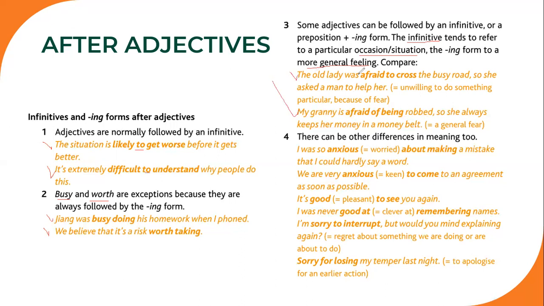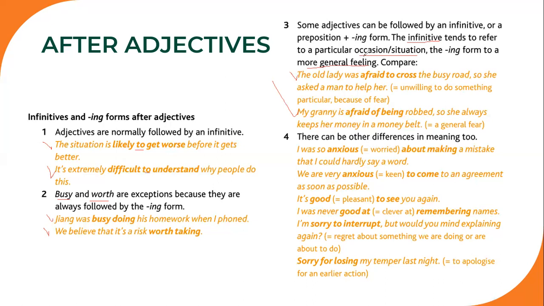All right, so she was afraid to cross. That was on that specific occasion. One particular occasion, no? She was afraid to cross the street. If I say she is afraid of being robbed, this is a general feeling, not only one occasion, but she generally feels afraid of being robbed, okay?